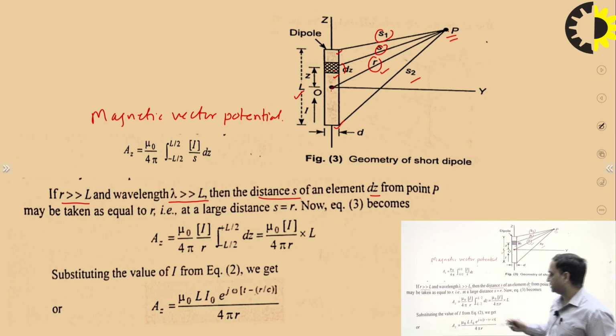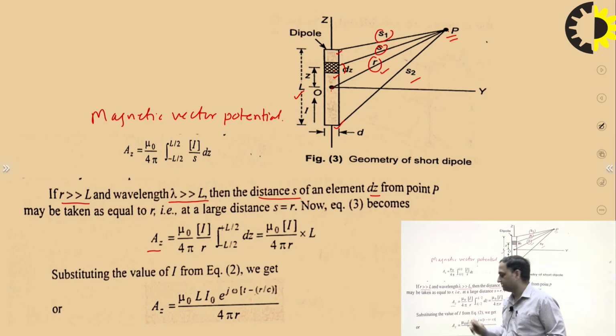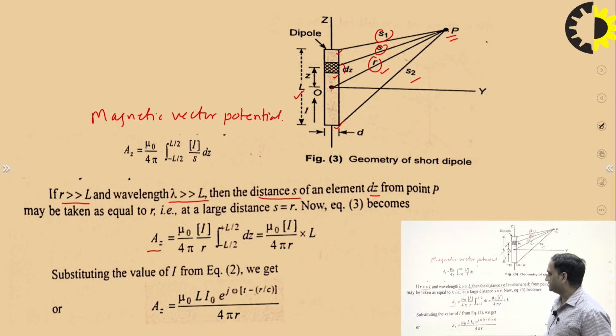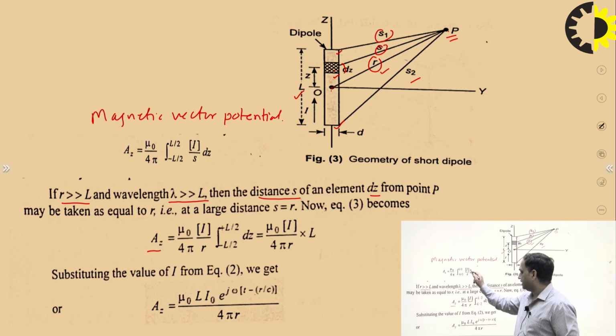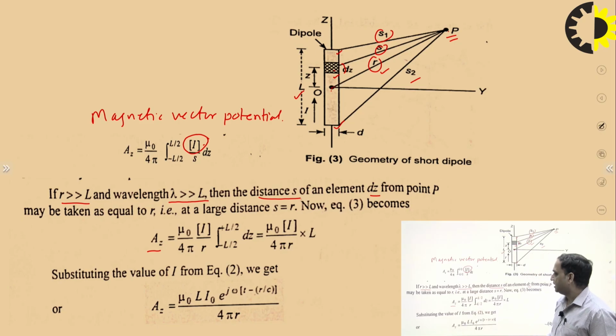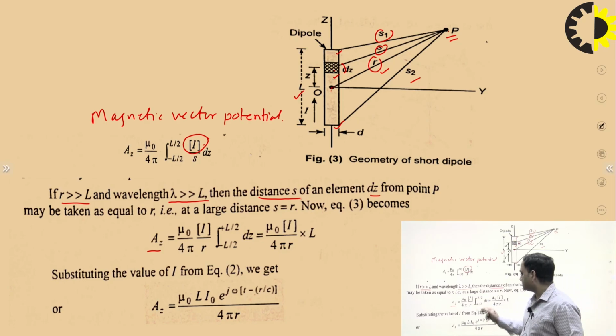In this way the magnetic vector potential will be Az equal to mu naught upon 4 pi, I upon r. This current is the retarded current, which we have already discussed in the previous slide. Here we are integrating dz only, and taking this one outside.